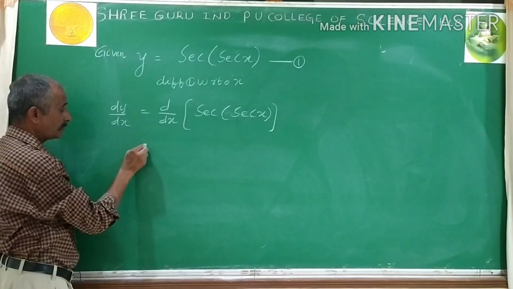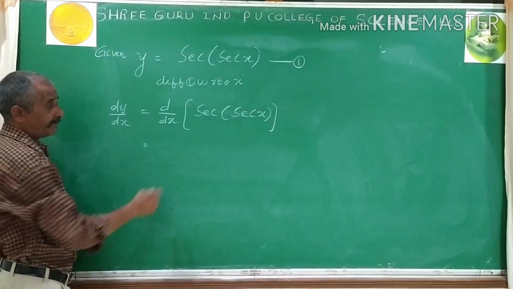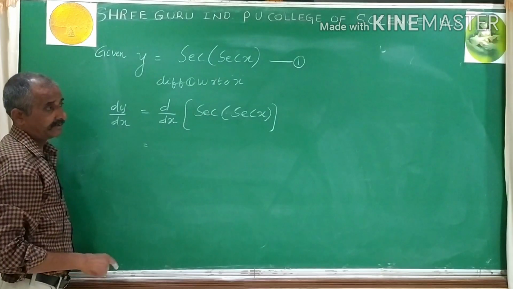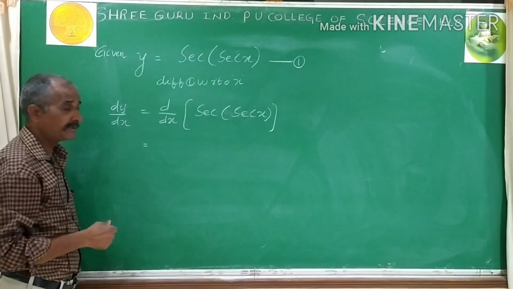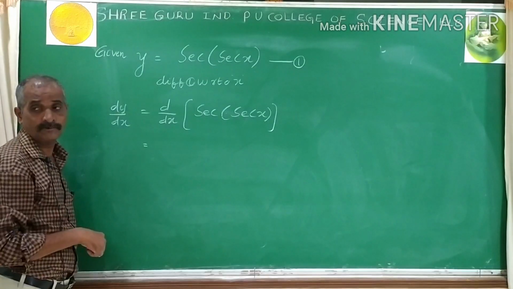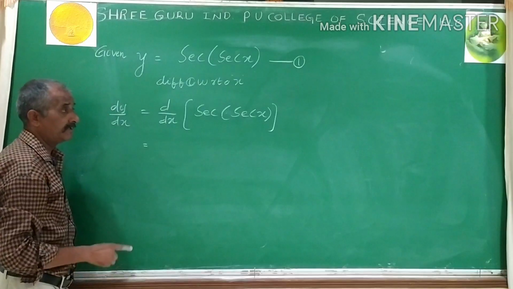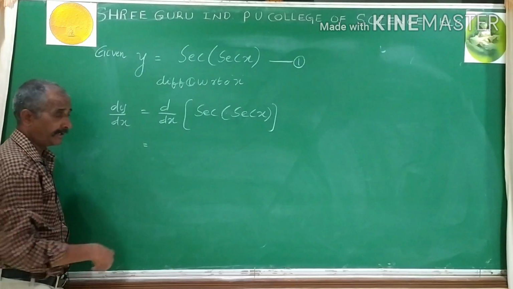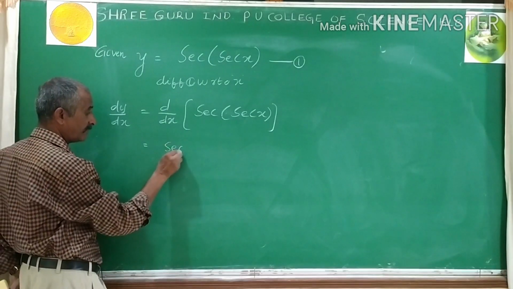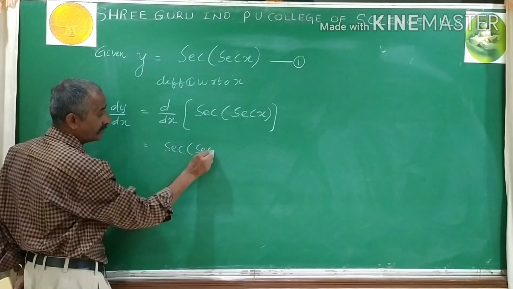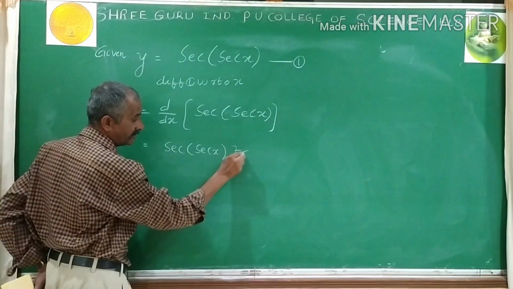That equals, now, our first coming function is sec. Standard formula: differentiation of sec x is sec x into tan x. But instead of x we have sec x. The answer is sec x into tan x, meaning sec of sec x into tan of sec x.